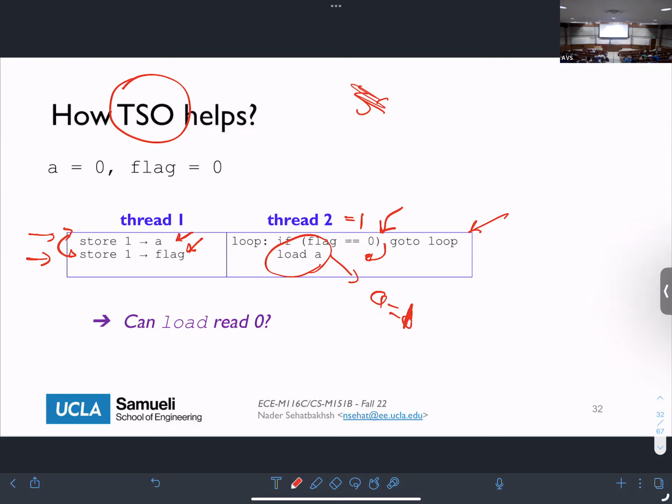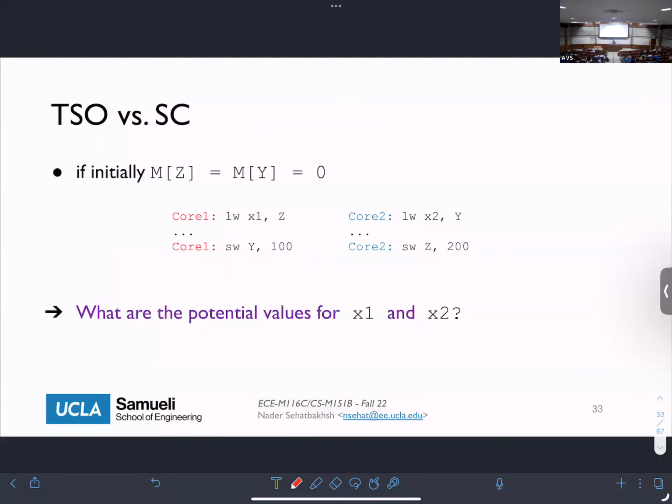You good? Okay. So going back to the original example that I gave you, under TSO and sequential consistency, can you tell me which one of those four outcomes is going to be eliminated? Any suggestion? So remember, we had x1 equal to 0 and x2 equal to 0.